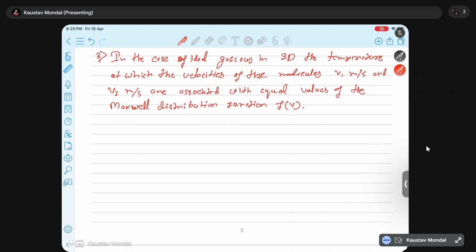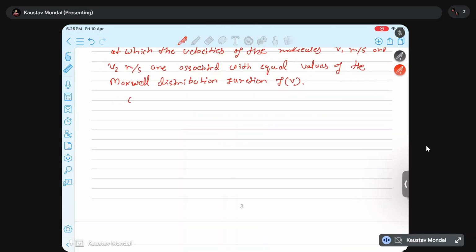So basically in 3D, at which temperature do you have to calculate, if one type of particle is having velocity v1 and another type of particle has velocity v2, at which temperature will both of their distributions become equal. The options are given. A is T equal to m into v2 square minus v1 square by 4 kb ln v2 by v1.